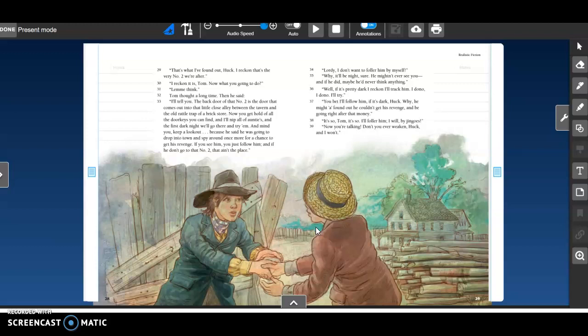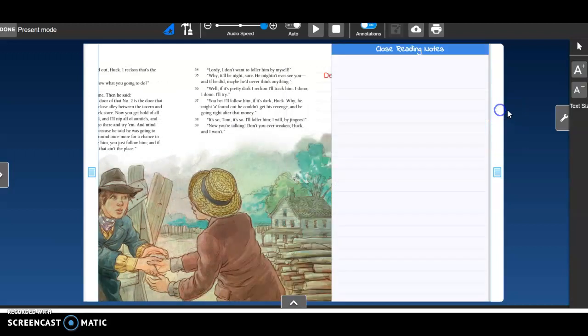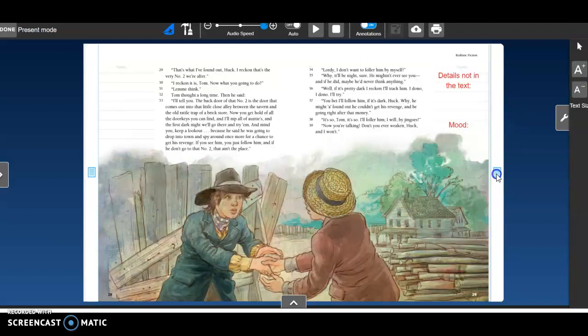Okay. So what does it add to the text? So you're just going to put a text box or just start writing. Details not in the text. And then you're also going to tell me the mood. So looking at this picture, what is the mood?